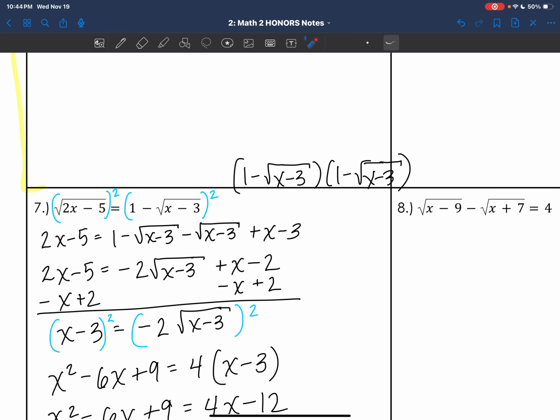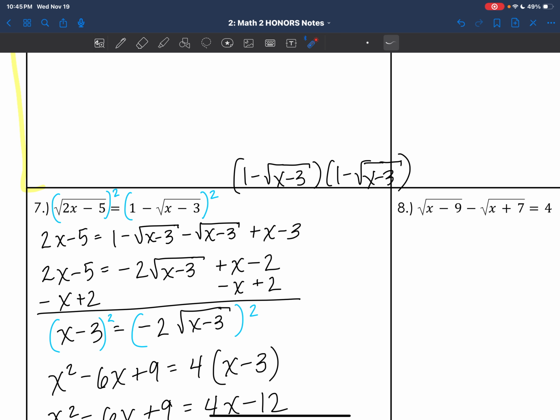So now let's combine our like terms. And then these two are actually like terms also, since they have the same radical. So we've got negative 2 root x minus 3, because these are like terms. And then I've got plus x minus 2 because we combined the 1 and the negative 3.